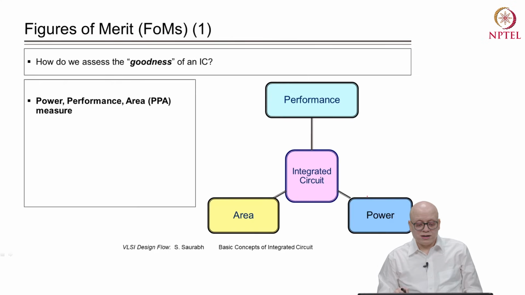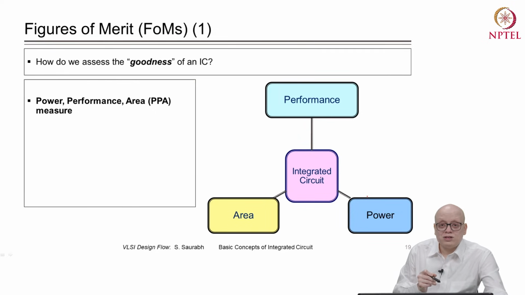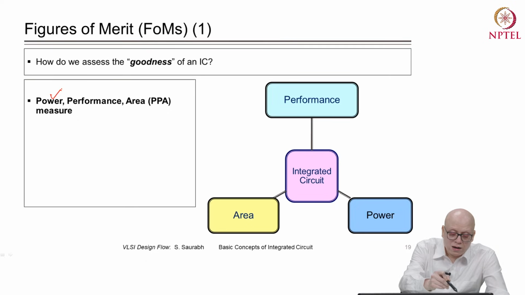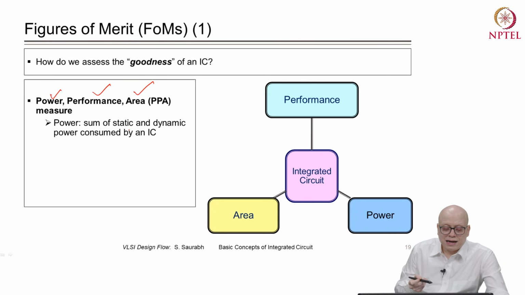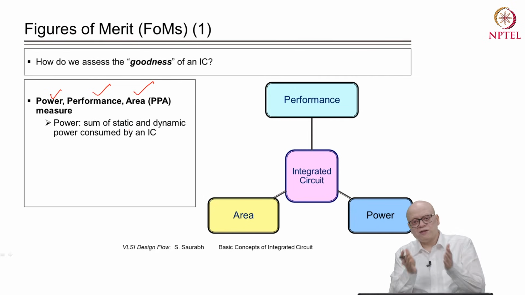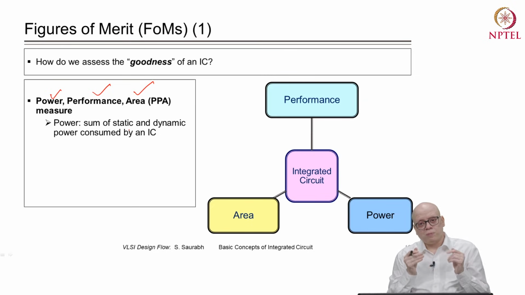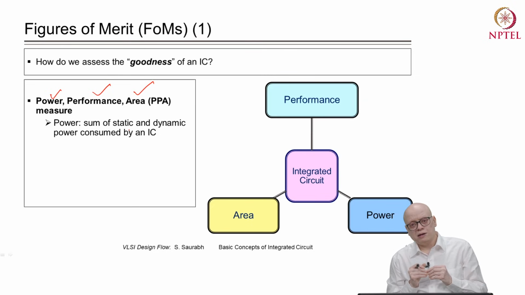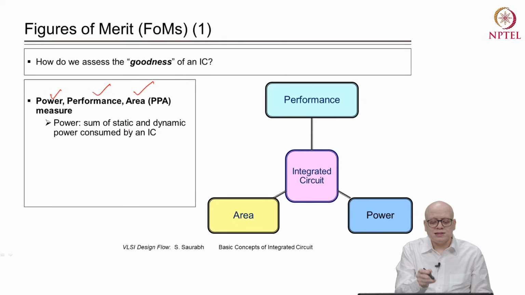Three important factors which are considered as important figures of merit are power, performance, and area. Together they are known as PPA. What is power? Power is basically the sum of static and dynamic power consumed by an IC. The power consumed by the IC when it is doing active computation is known as dynamic power.